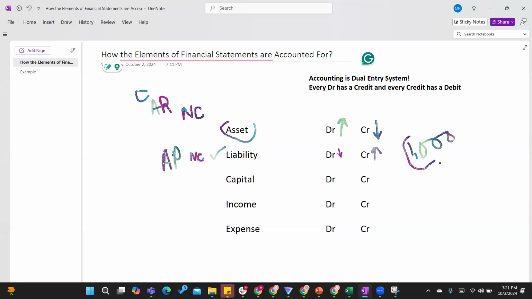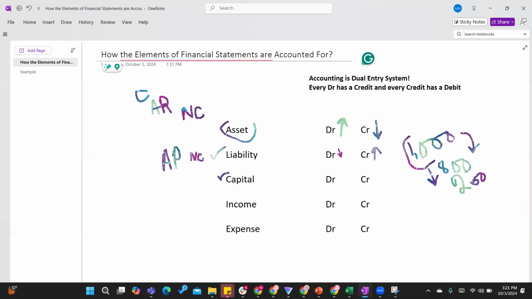And the moment I actually pay him, for instance, I pay him 800 tomorrow, then I'm going to decrease my accounts payable account, because my liability towards him has decreased from 1,000 to 200, right? Because I've paid him, and the net value that's remaining in his account is 200 now.